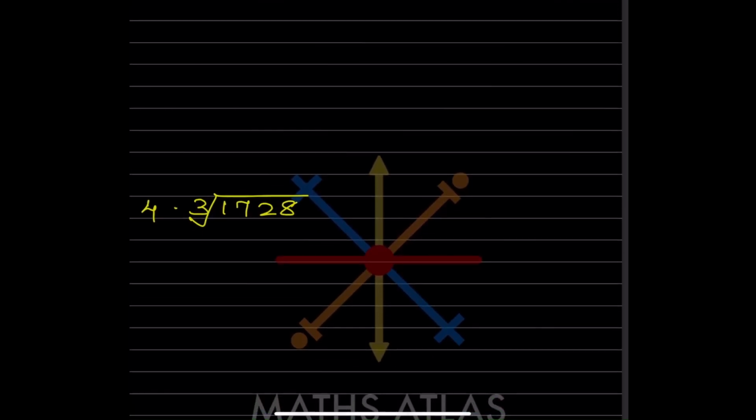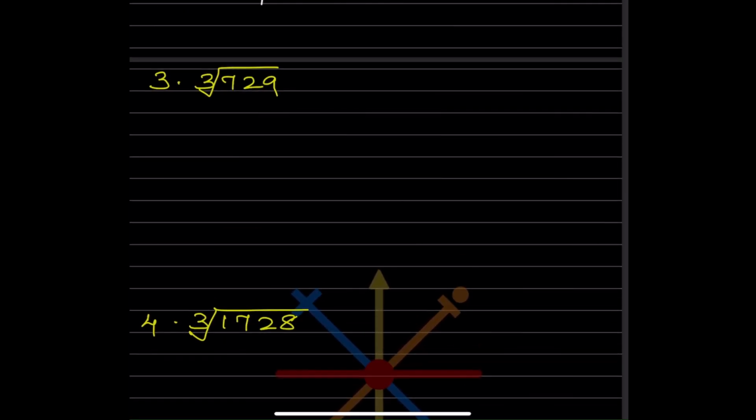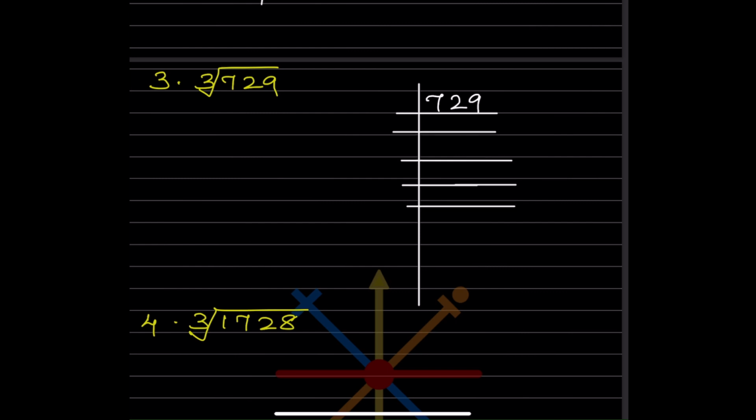So now let us look for 729. So we can write this, because this is not possible with 2. We'll try for 3. So 27s are, 3 9s are, 3 3s are, and 3 1s are.